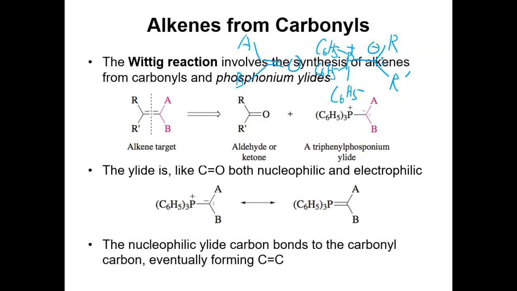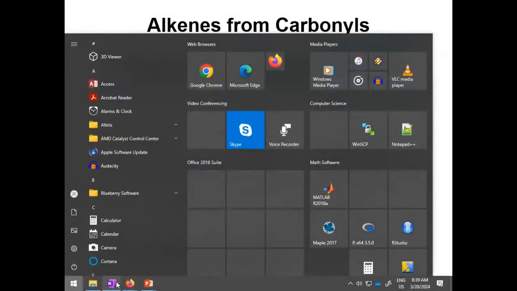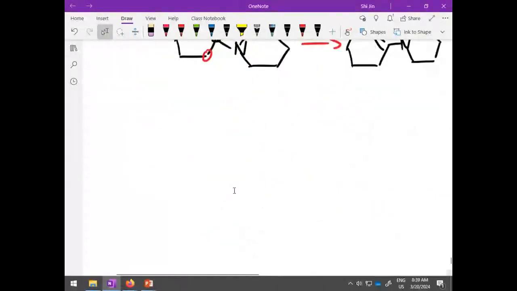Most of the ylides we are dealing with have a phosphorus atom with one side connected to three phenyl groups. Let me give you one example of an ylide. I'm going to draw the full structure of a typical ylide.